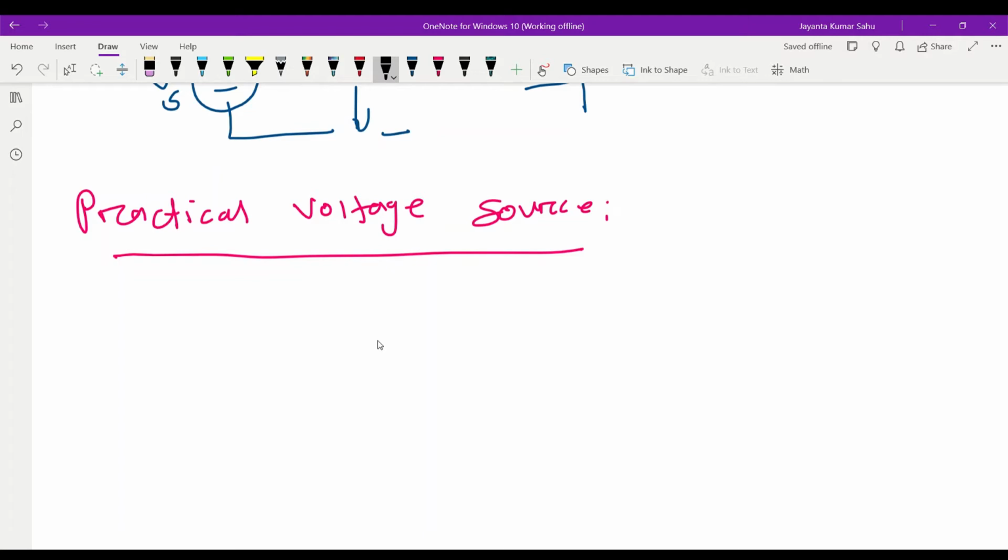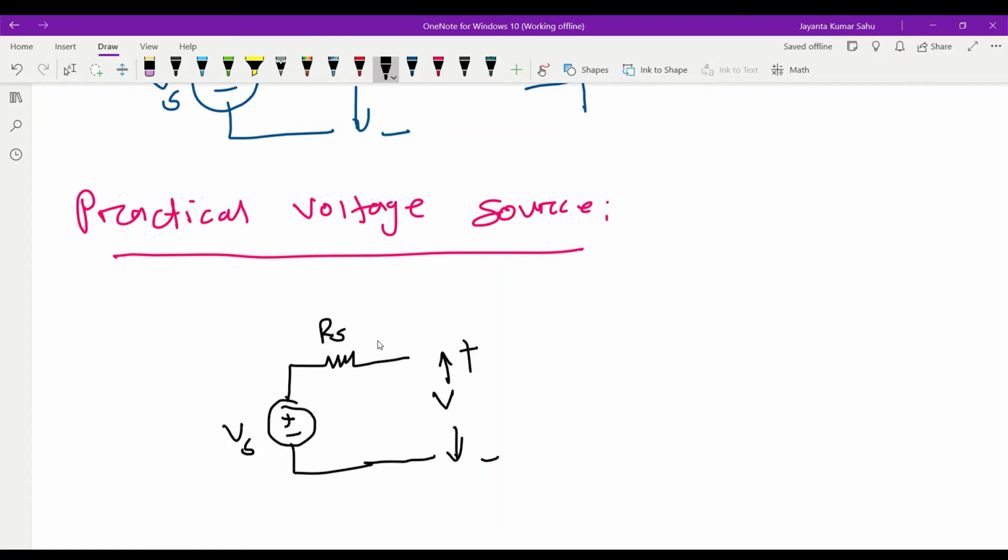This is my ideal voltage source. Here we connect a resistance in series. This is the practical voltage source, with Vs, resistance Rs, and the voltage V. If we connect a load, then current I is flowing.